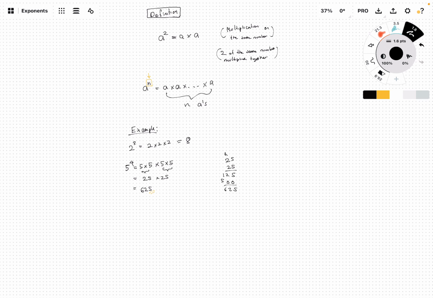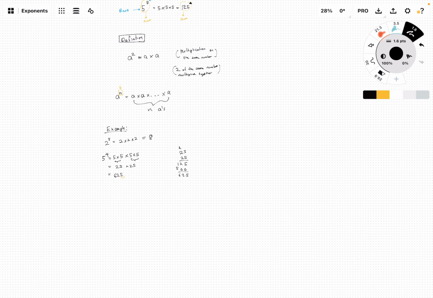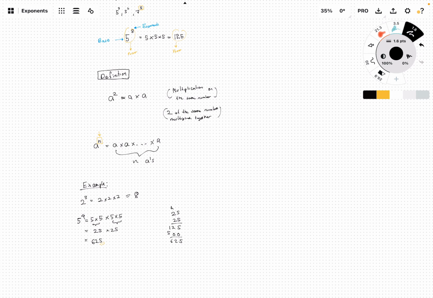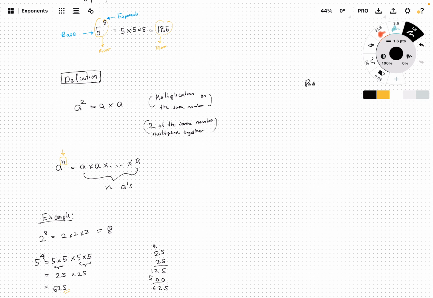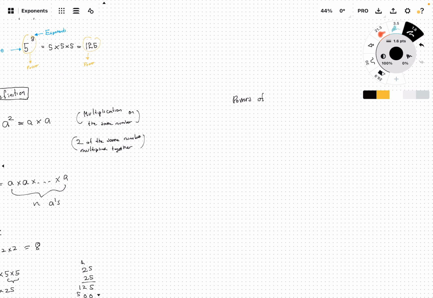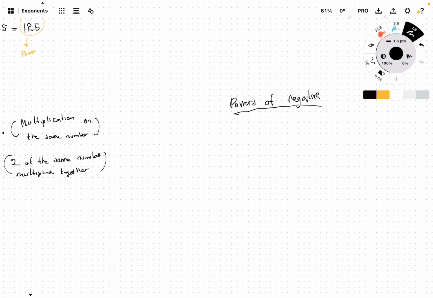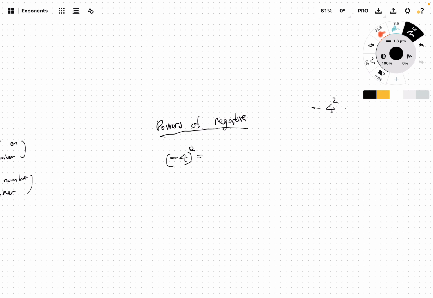Now let us first discuss powers of negatives. You probably saw from last week that when you squared a negative, for instance negative 4 squared, and remember the negative is inside the bracket, because if it's outside the bracket, you square first, so it's still negative because of BODMAS, or BIDMAS, let's say.